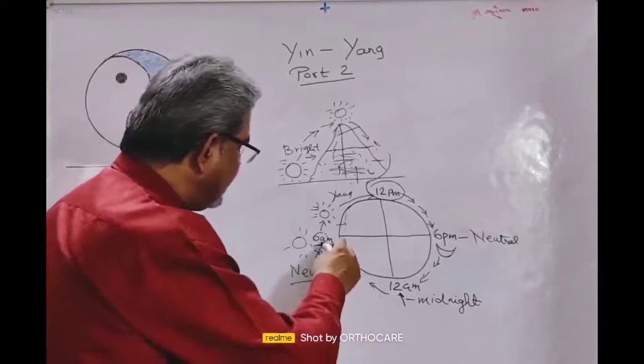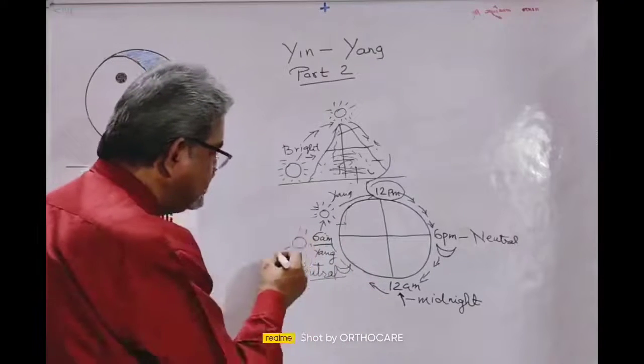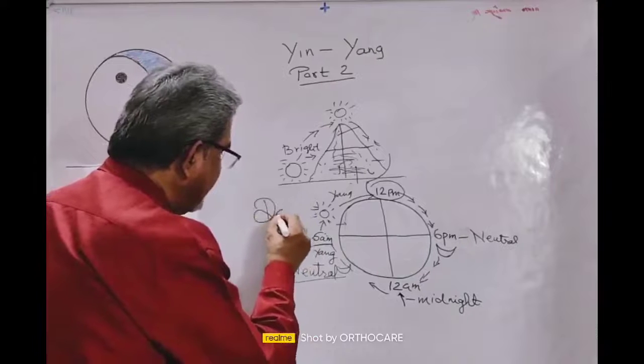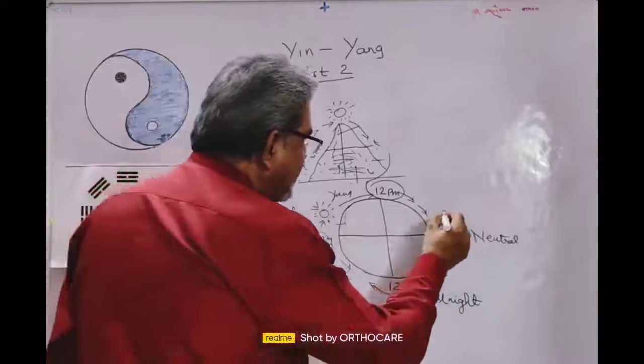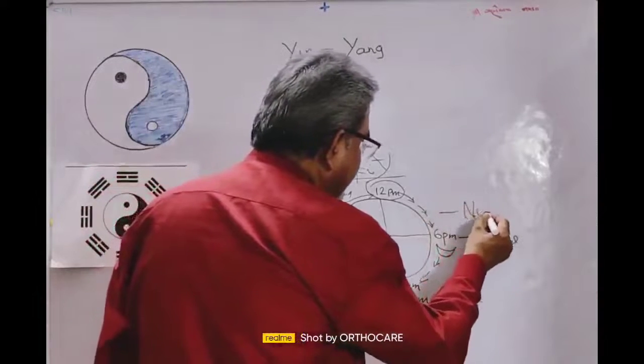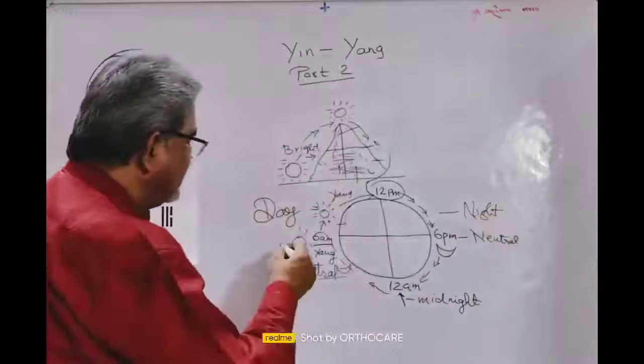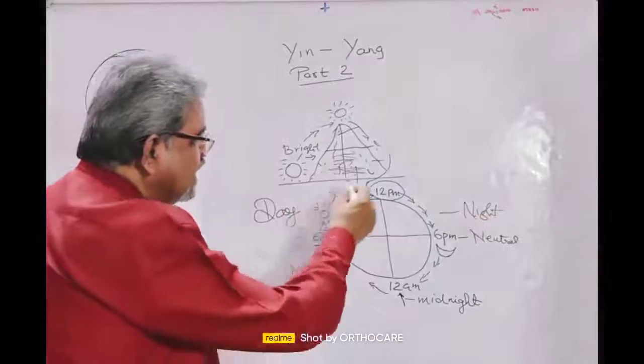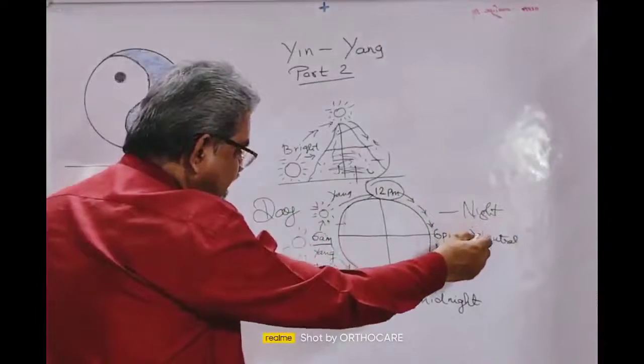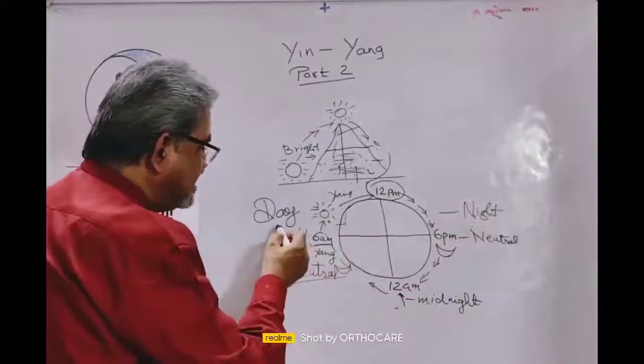So again the cycle starts. This is the way we have day and night. The day starts and ends with the night, and the night starts and ends with the day.